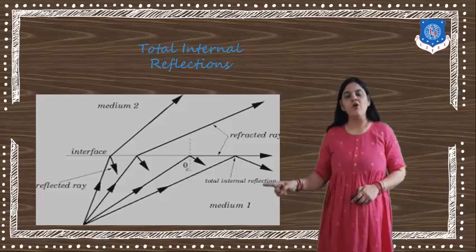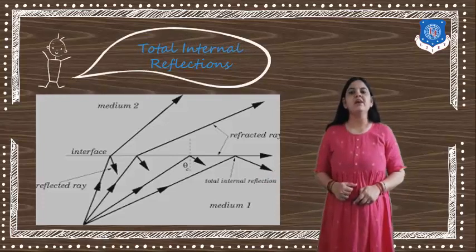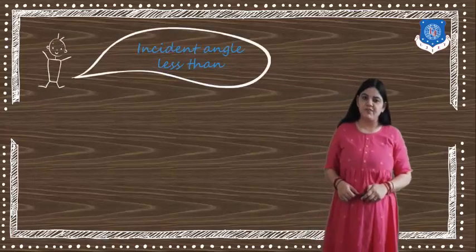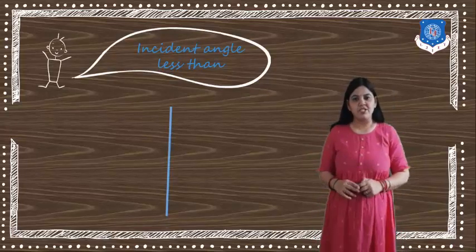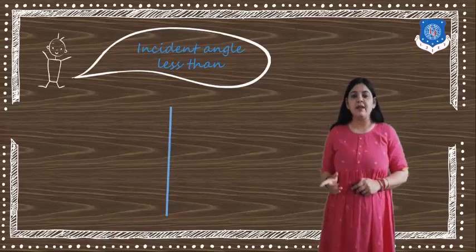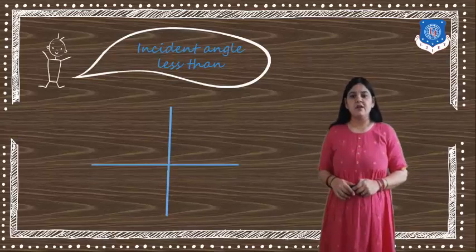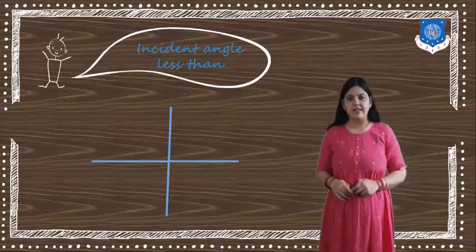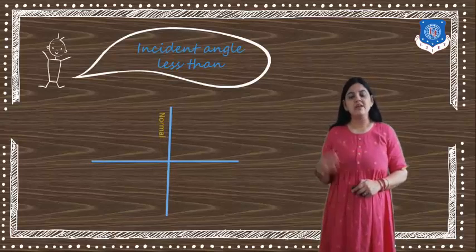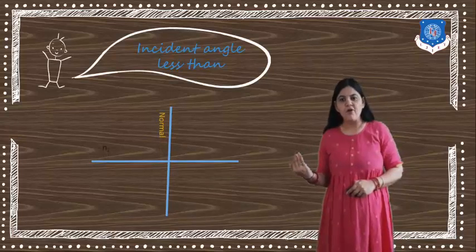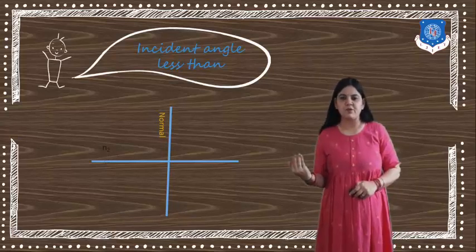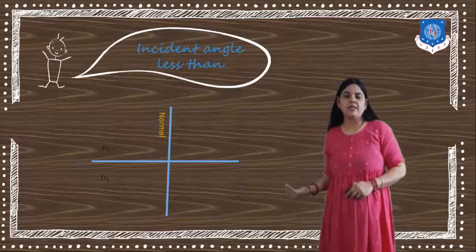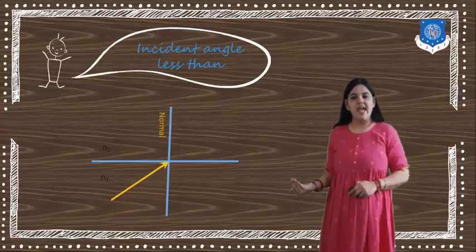So here we have total internal reflection, which can be used in optical fiber communication. Now consider the incident angle being less than the critical angle. Here you can see the normal axis, and the refractive index of one medium is N2 and the other is N1.